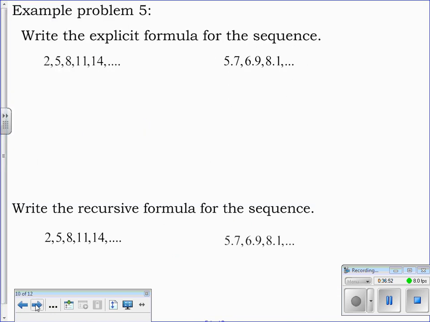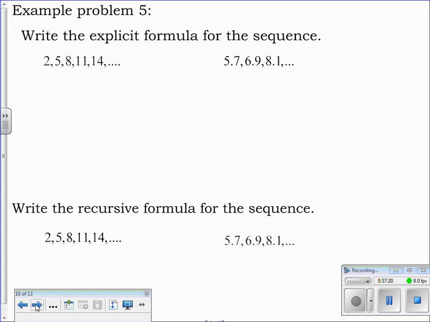That's next time. Okay, write the explicit formulas and recursive formulas for the sequence. So for the explicit formula, we're going back to this. And for the explicit formula, all we need to know is the first one and know D. Plug in A sub 1, plug in D, simplify it, and we'll get our explicit formula.